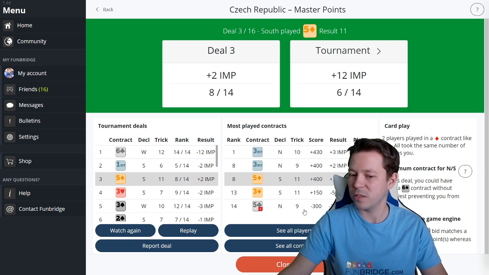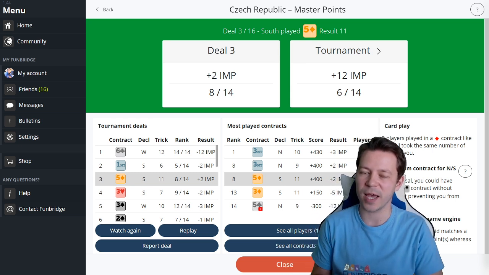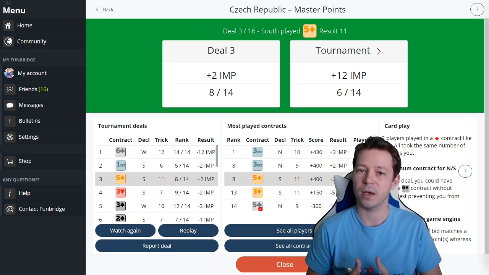One player went to 5 clubs, got doubled down 2. One player didn't reach 5 diamonds, and 2 players played 5 diamonds as I did. So see that it's not actually an easy board to play, an easy board to bid.